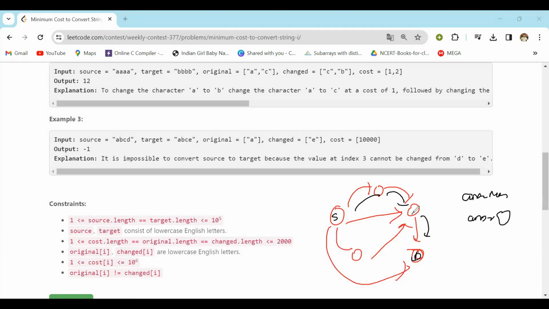Now we revert back, revert back, revert back. From here we go here. From here again we go here. We again update the answer value, right? Similarly, we revert back. We go here. Here we go here, and we again update the answer value.